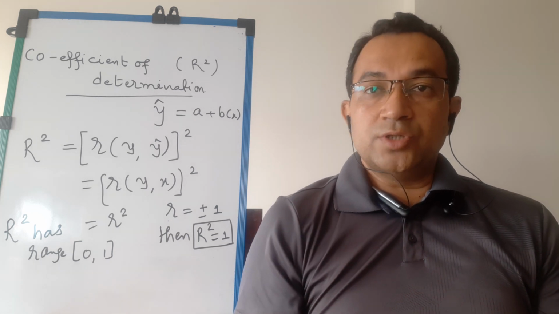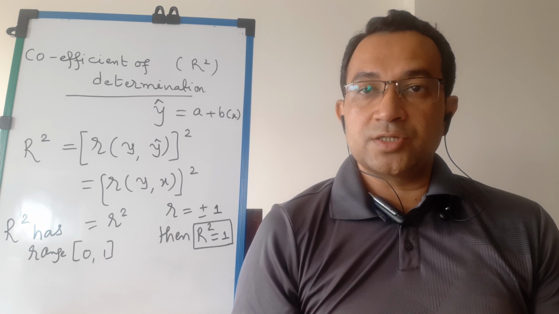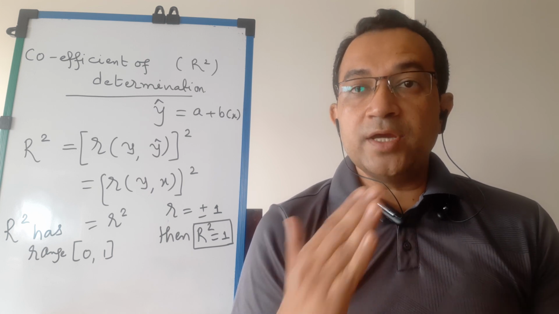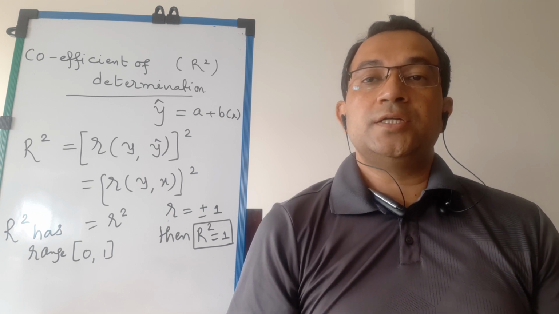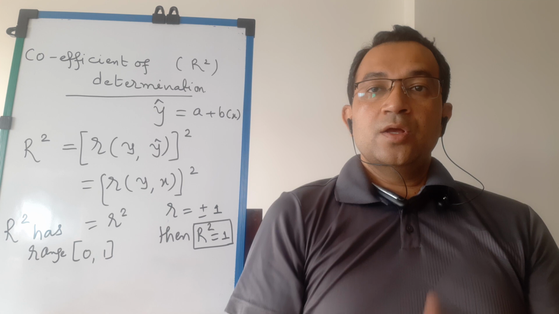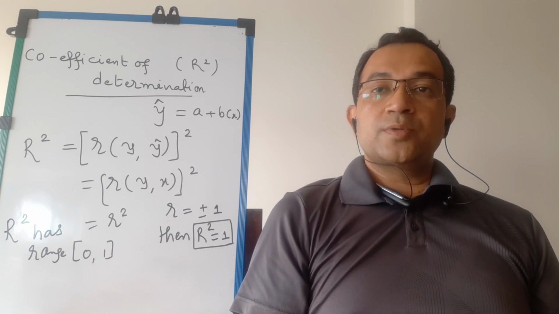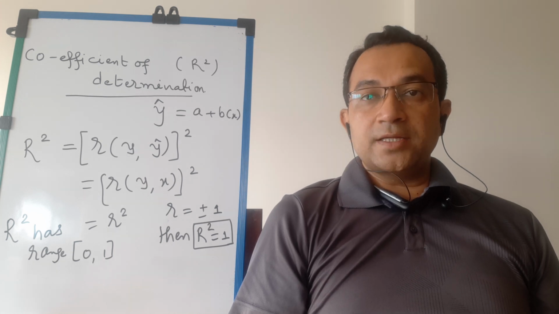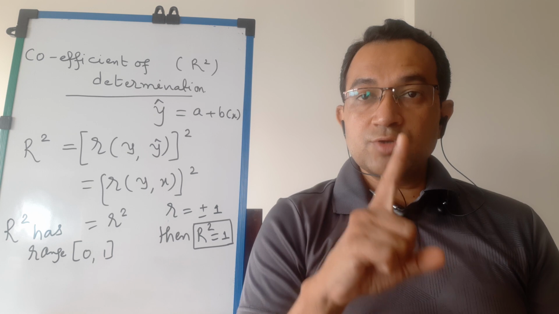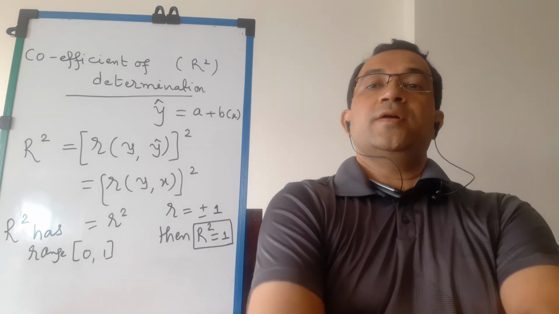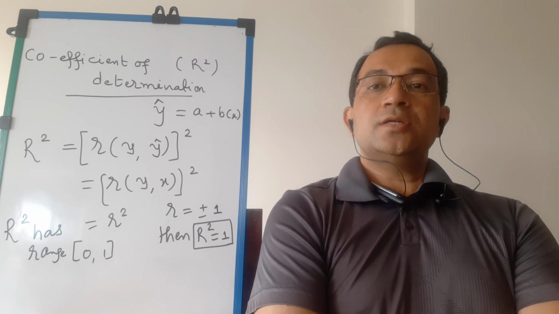Then the answer to this question is that reliability of estimates obtained from regression line can be verified by finding coefficient of determination. So your first VSQ from this topic, what is the main purpose of studying or finding coefficient of determination, students? It helps us to check the reliability of estimates, students, obtained from the regression line.